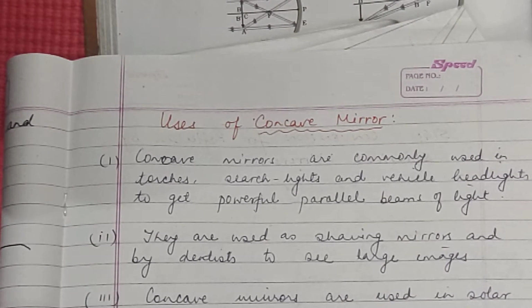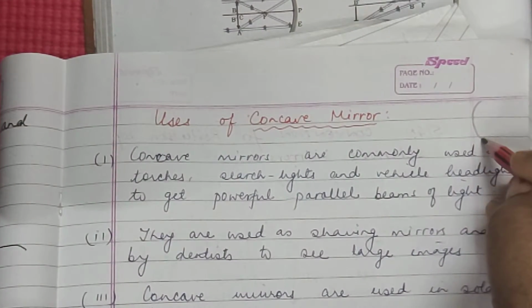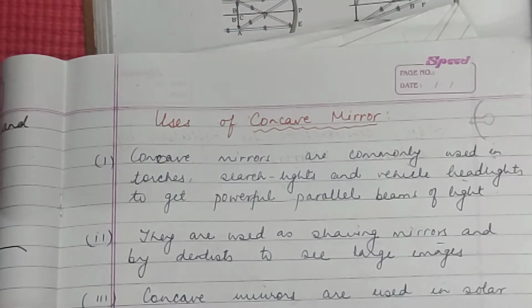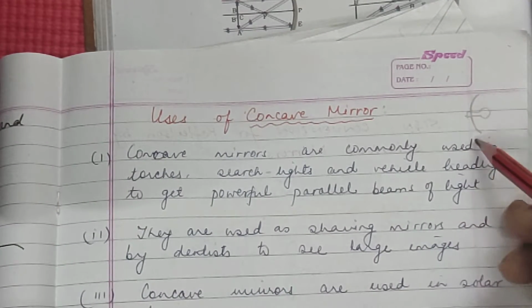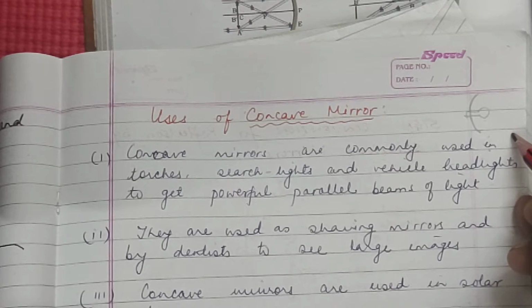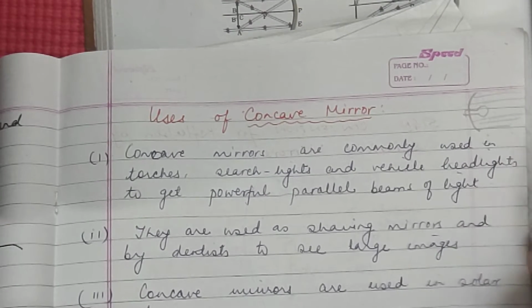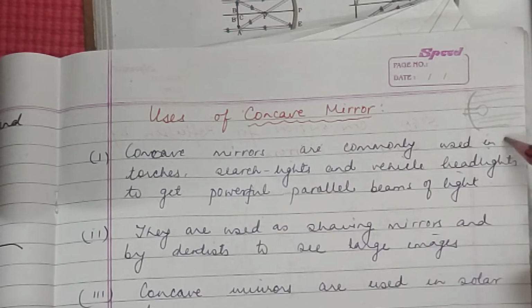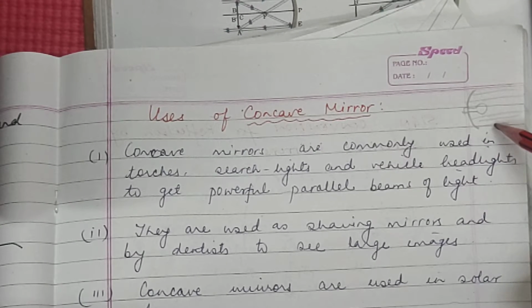A bulb is placed at the focus of a concave mirror. The beam of light from the bulb, after reflecting from the concave mirror, becomes a parallel beam. This parallel beam of light illuminates the road ahead of the vehicle. So this is why concave mirrors are commonly used. The same is the case in torches also.